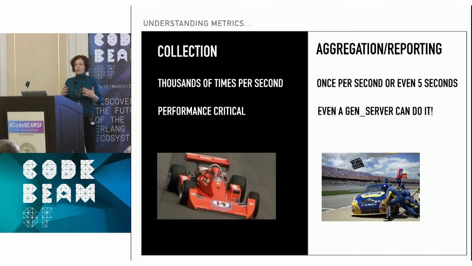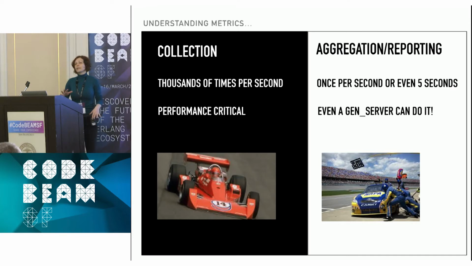There are no problems with aggregation. You can think of aggregation as a race car driving crew that you can add more resources to. It's not just one driver. You can have a crew of 10 if you need it. There is room for resources. They don't have a whole lot of time, but at least they don't do it very often. So you can think of race car driver versus race car crew for collection versus aggregation and reporting.